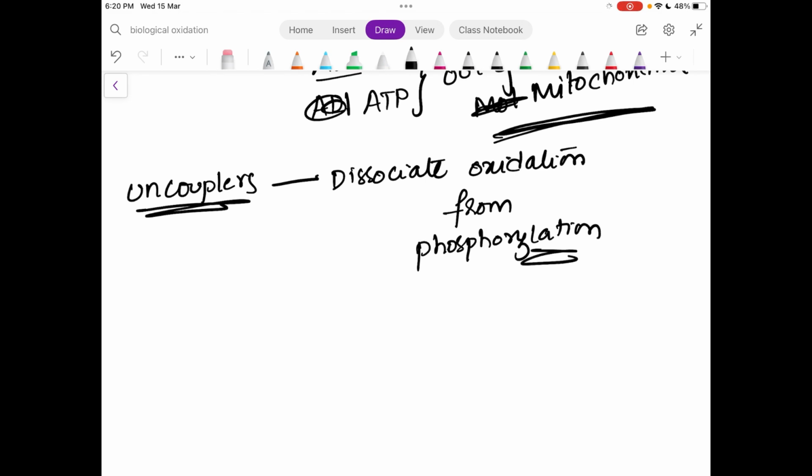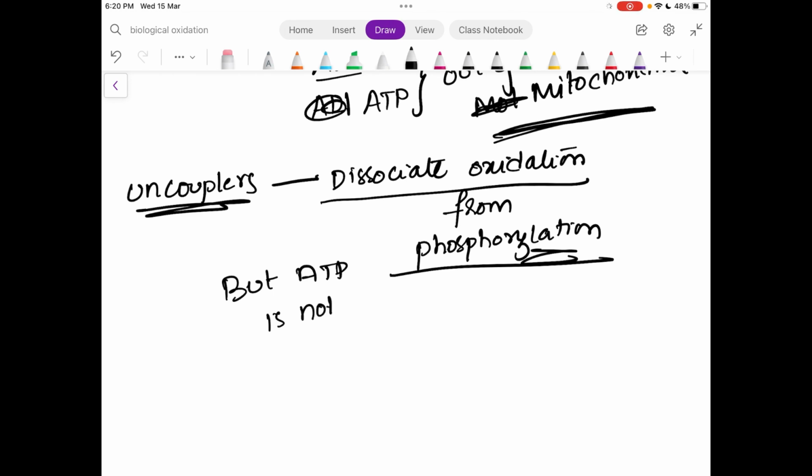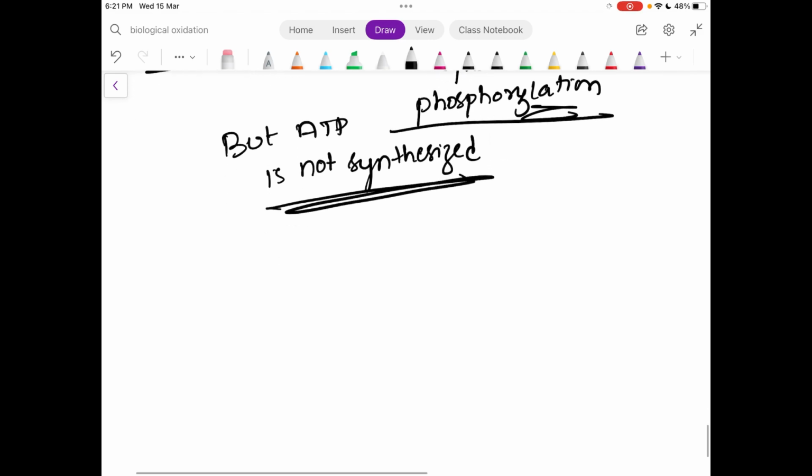That means these compounds will allow only electron transport, but ATP is not synthesized. The flow of electrons will be there until complex 4, but after that, ATP synthesis will not occur. Complex 5 is separated from complex 4.